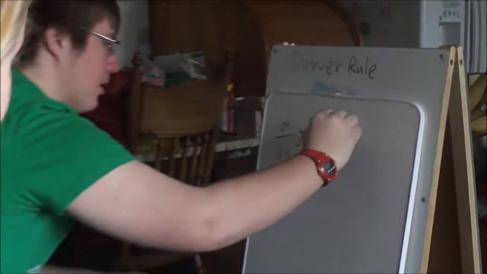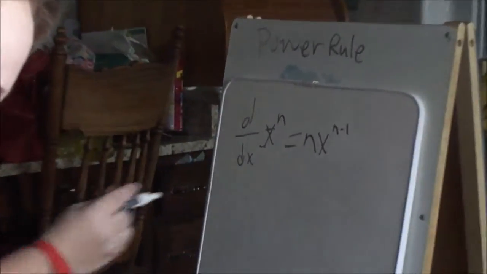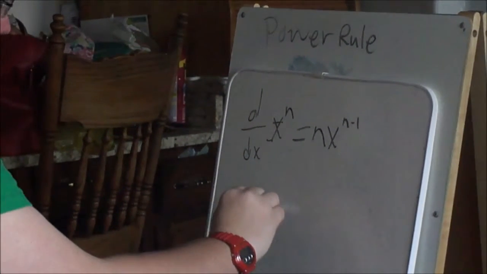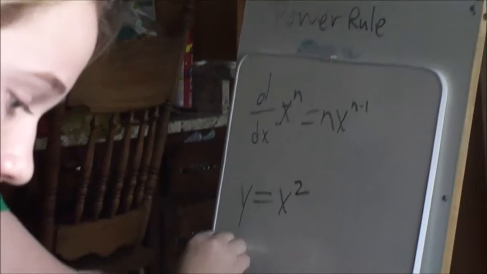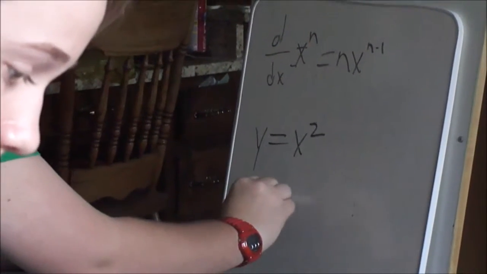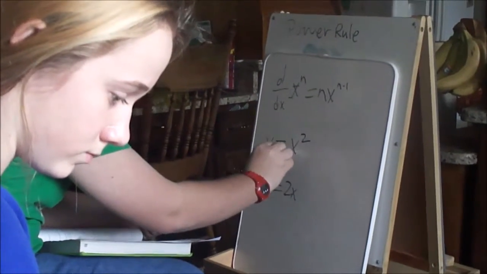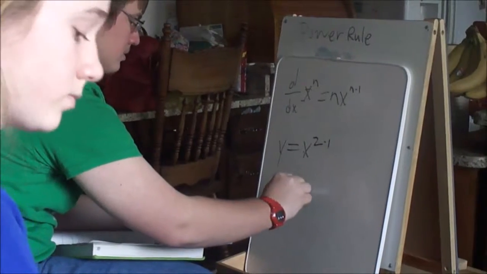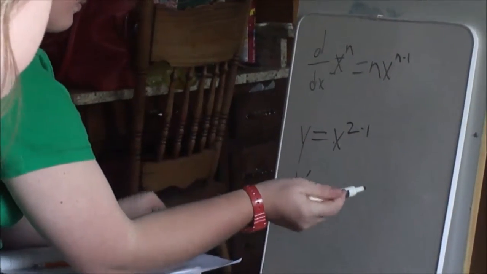So it'll look like this. For example, if y equals x squared, the derivative of y becomes 2x, which is the 2 times the x, and then you take 1 away from the 2, so that just makes it 1, but then you don't need that for an exponent.